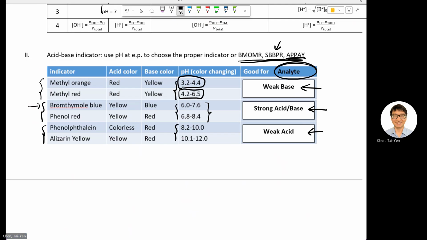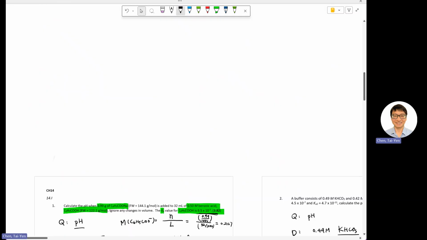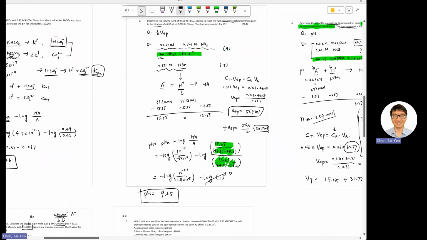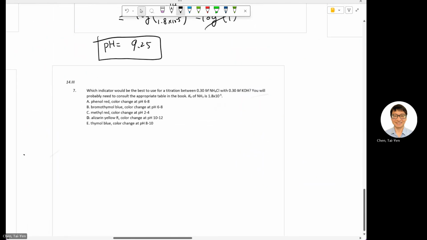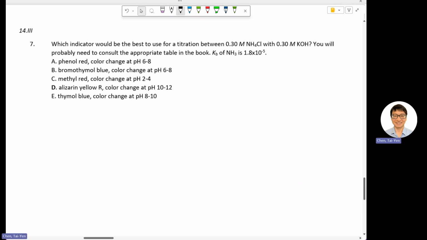Okay, so the question I want to go through quickly today is the very last one. It says, which indicator would be the best to use for a titration between 0.3 N NH4Cl and 0.3 N KOH?